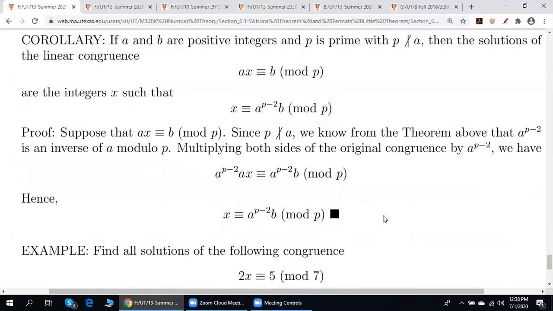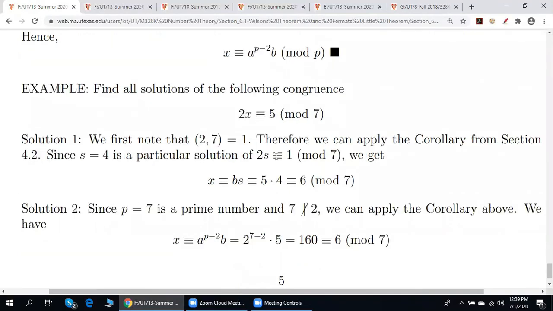And now note that what is written here is a to the power p minus 1. By Fermat's little theorem, a to p minus 1 is congruent to 1. So this is congruent to x. Therefore, x is congruent to this. We are done.